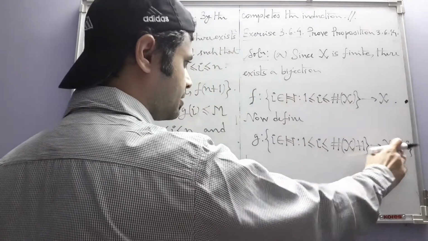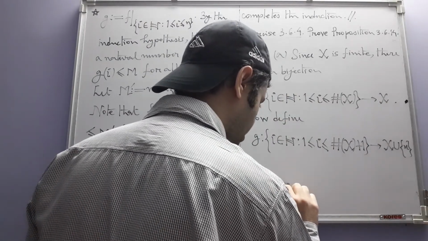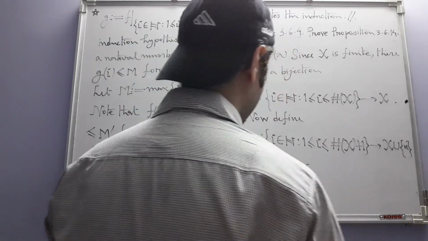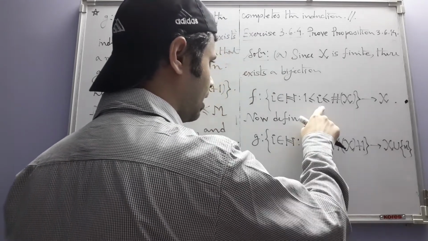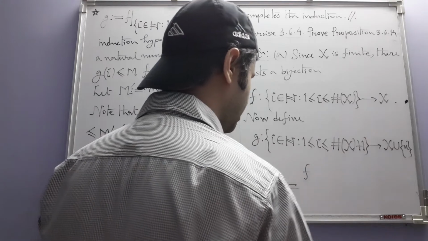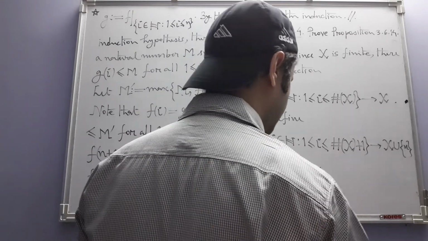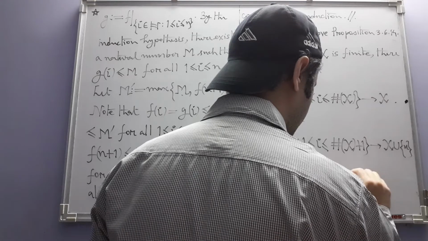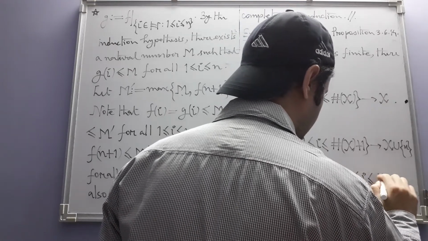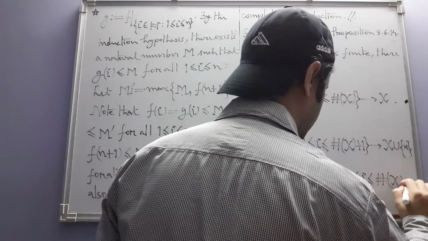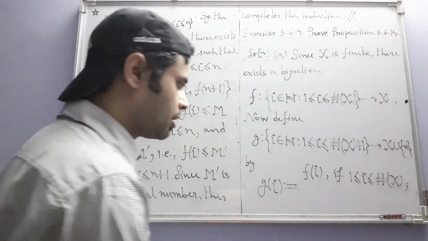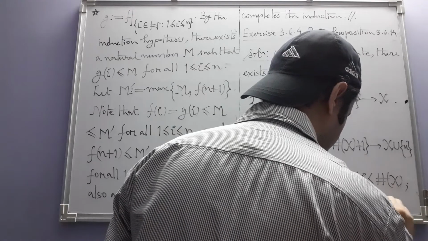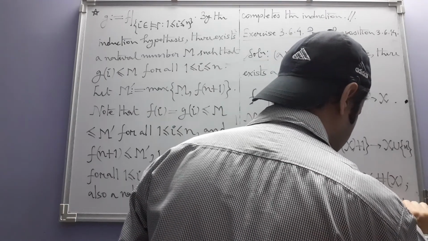Since x is a special element, g of I is defined to be equal to f of I if I lies between 1 and the cardinality of X, and it is defined to be equal to x if I is equal to the cardinality of X plus 1.